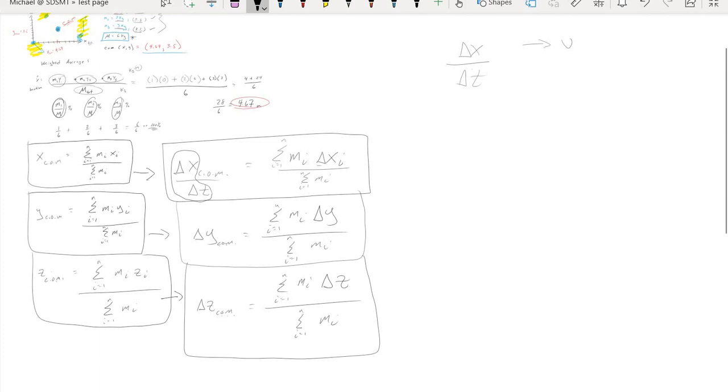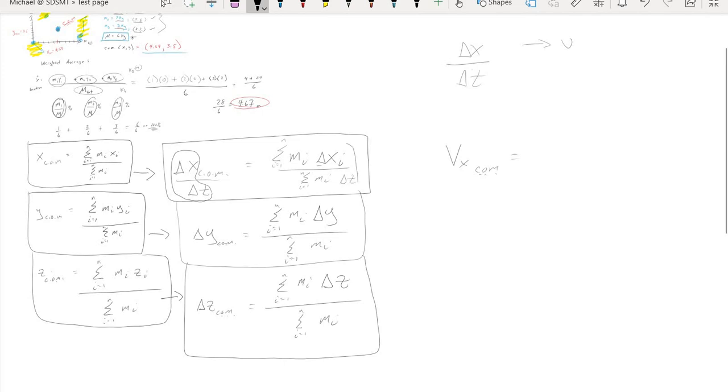Because we're only on the x-axis, that means that we have the velocity of the center of mass as it travels along the x-axis. What I have to do next, algebraically, what we do to one side, we have to do to the other, and so I need to divide the other side by time as well.